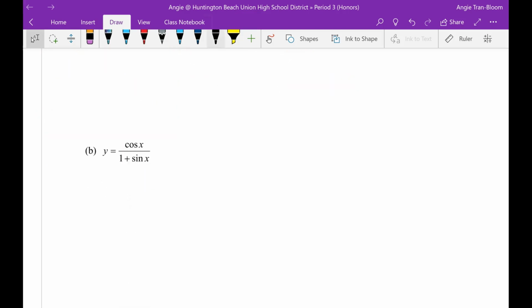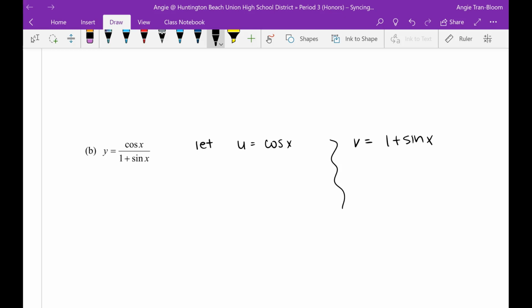Let's move on to this one. As you can see, this is a quotient rule, and again, I'm going to let u be cosine of x. Over here, I'm going to let v be 1 plus sine of x. Then u prime: just like earlier, the derivative of cosine of x is negative sine of x.